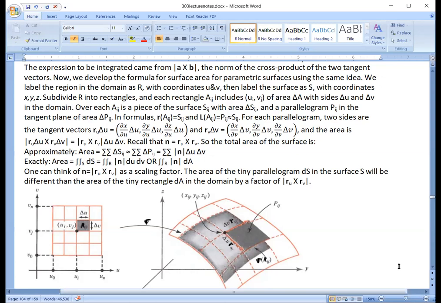So now let's figure out how to describe that little piece of the tangent plane. What are the tangent vectors? We talked about tangent vectors last time, and the two tangent vectors are going to be dr/du and dr/dv. However, we've scaled them down, so each one is scaled.